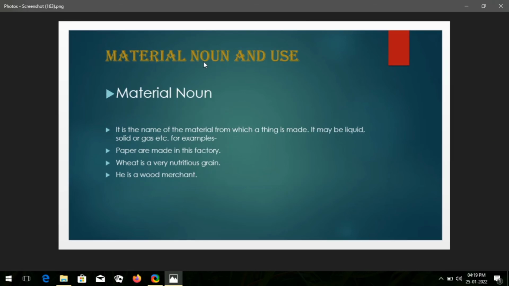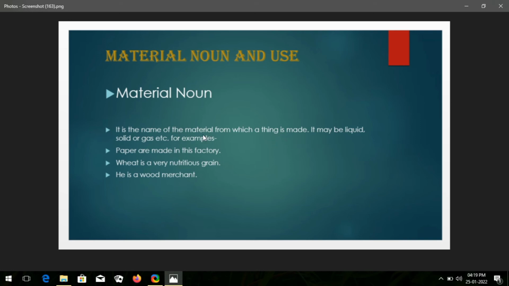And the last one is material noun and its use. So this is the material noun. Let's go through the definition first of all. It is the name of the material from which a thing is made. It may be liquid, solid or gas, etc. For example, it is denoted by the material, which may be a thing, and you can see and touch that.